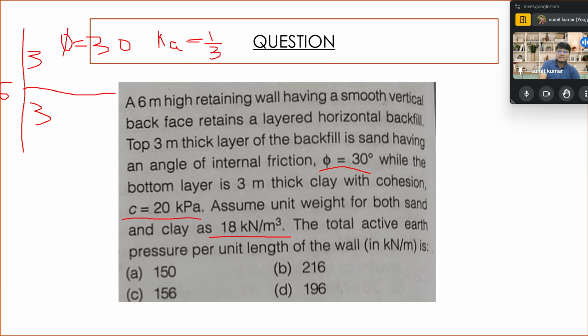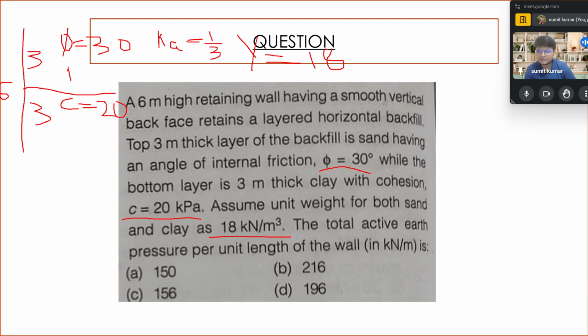The bottom layer is 3 meter thick with C equal to 20. Assume unit weight gamma equal to 18 for both. Over here C equal to 20.